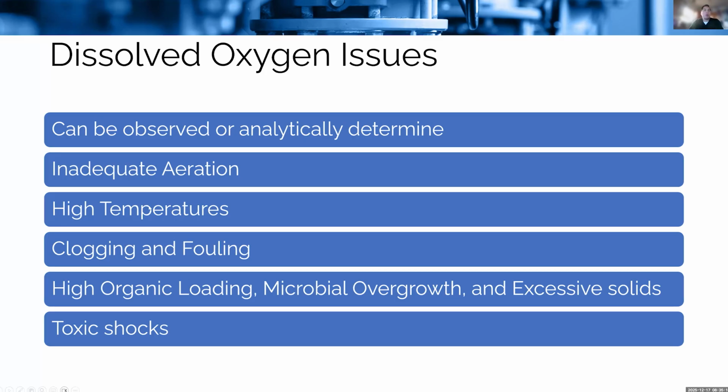So when you have unusual DO issues rise up in your activated sludge, it's good to be aware of what might be causing it and what issues can occur through it, which is what we want to show a list of here.